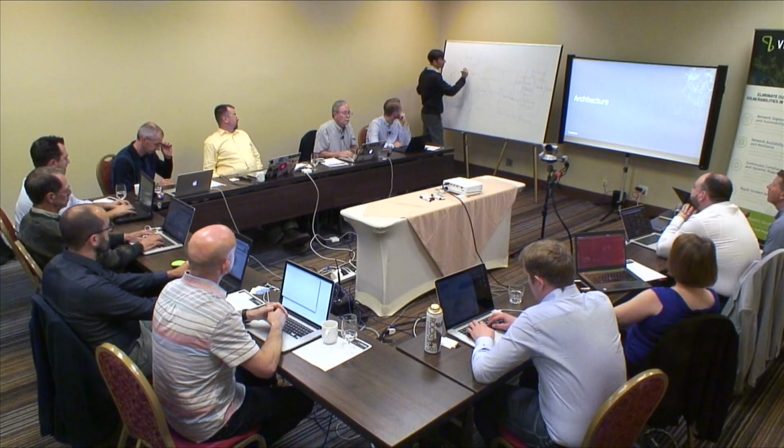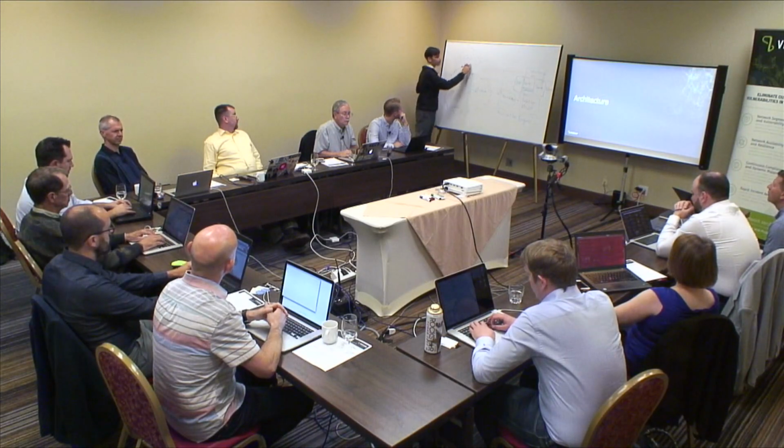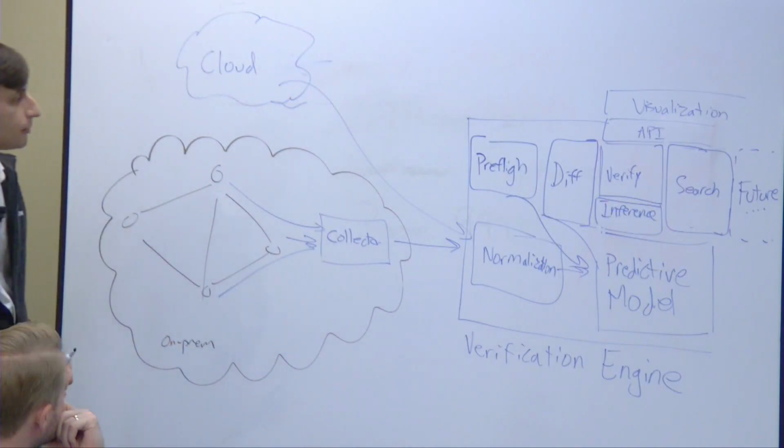We're pulling data from the cloud and bringing it into the product so that there's one unified picture across the hybrid infrastructure. And then pre-flight also feeds into the model.